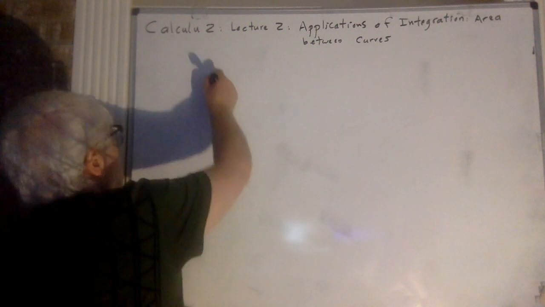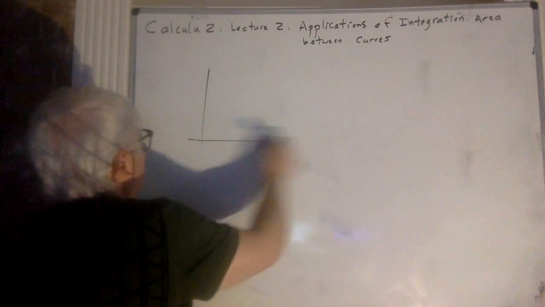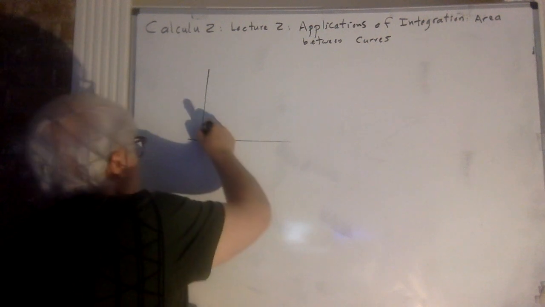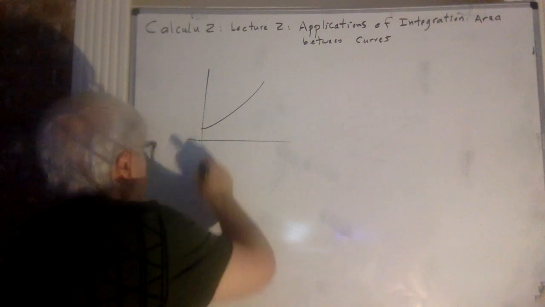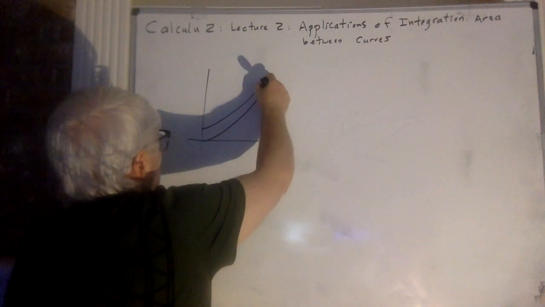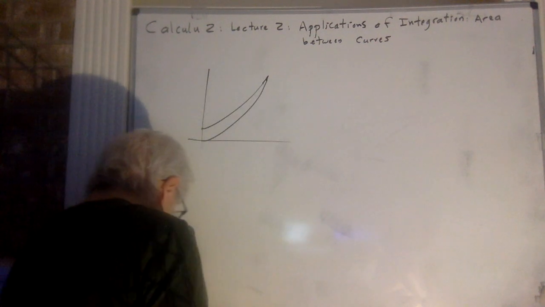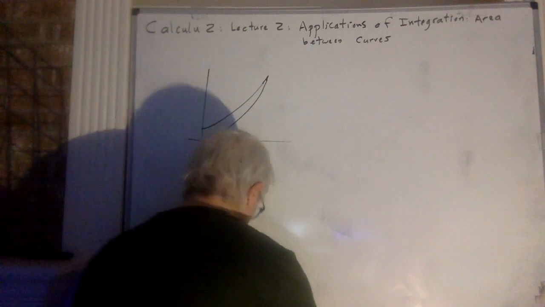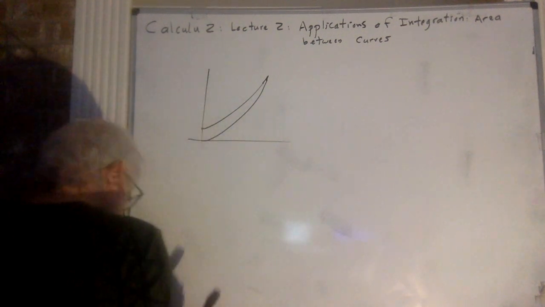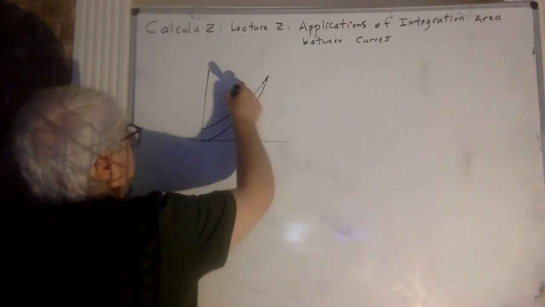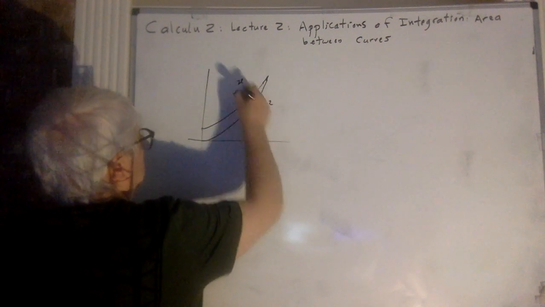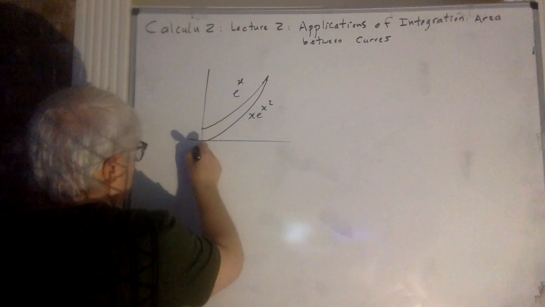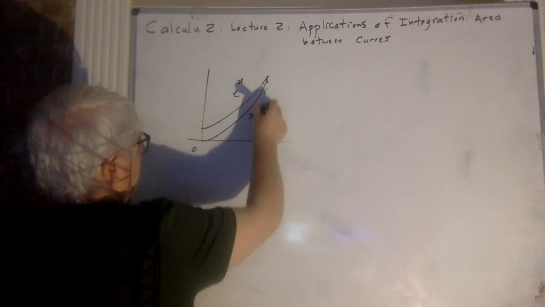Yeah, this one is nice and quiet. Well, sometimes you have, so one of them is e to power x, and the other one is x e to power x squared. So this one is e to power x, this one is x e to power x squared. And it goes from 0 to somewhere here.